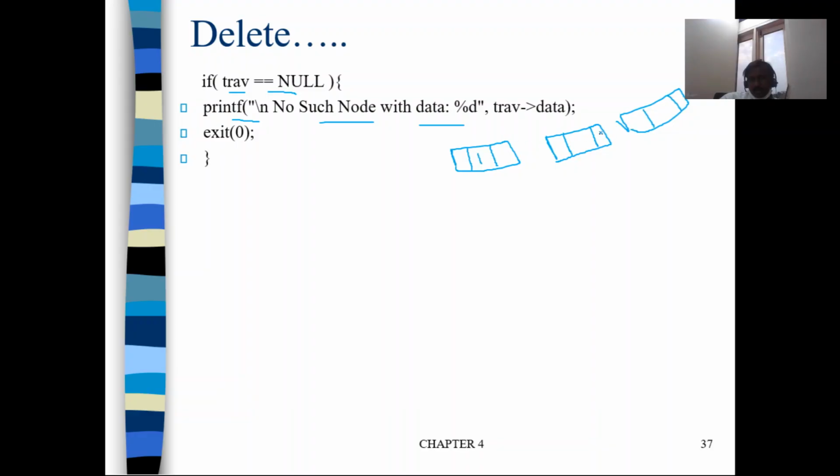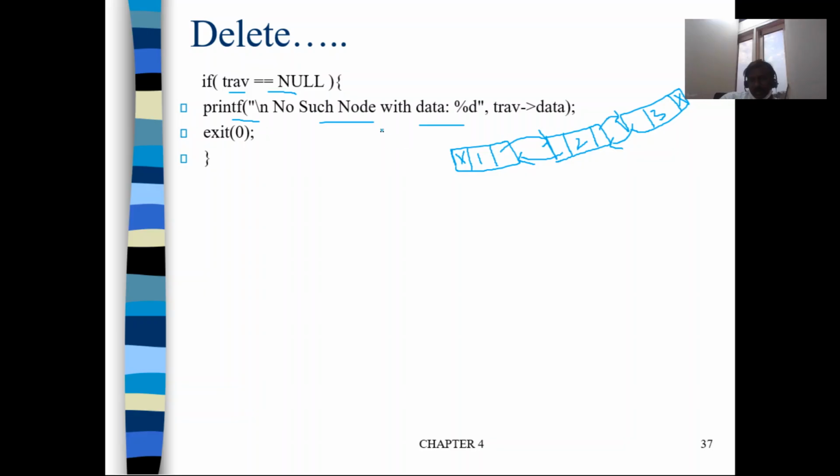So this is node 1, node 2, and node 3. Node 1's next is pointing to node 2, node 2's previous is pointing to node 1, node 2's next is pointing to node 3, node 3's previous is pointing to node 2, node 3's next is null, and node 1's previous is null.